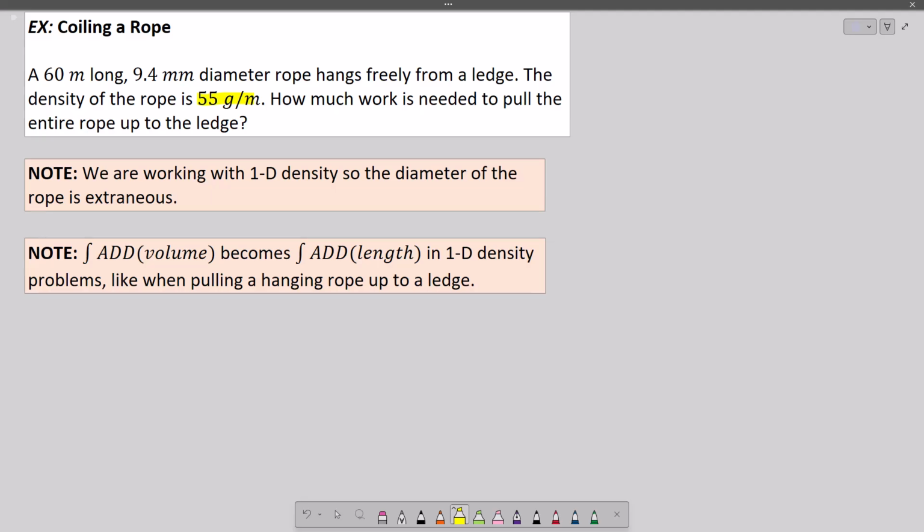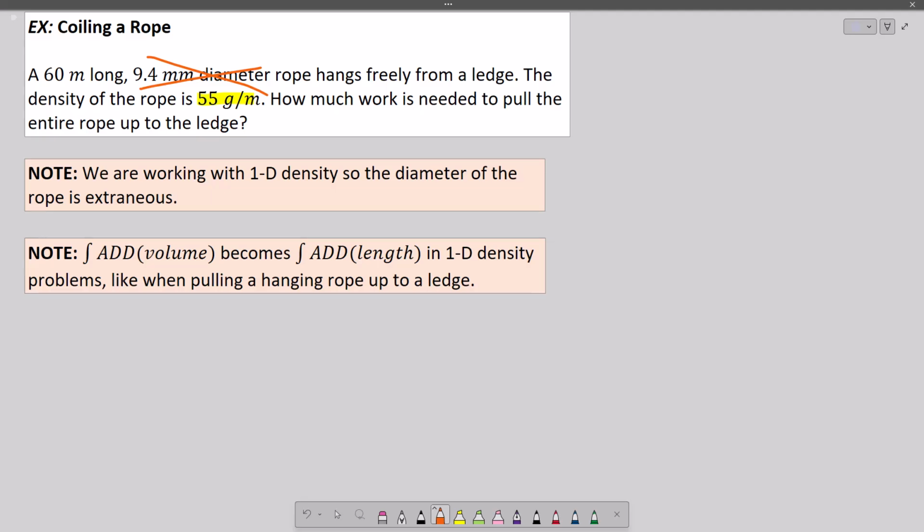Is that 1D density, 2D density, or 3D density? One-dimensional density. That means we're going to have one-dimensional mass. That means that the diameter does not matter, because we're imagining the rope as one dimension. So that diameter, we don't care about that, because we're working with 1D density.